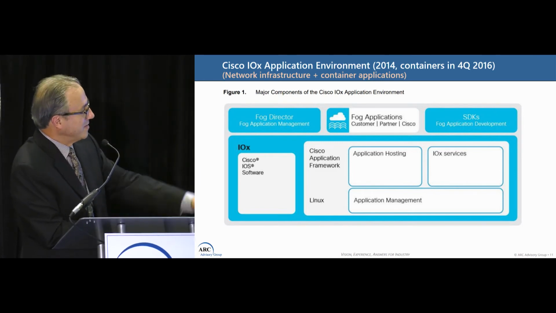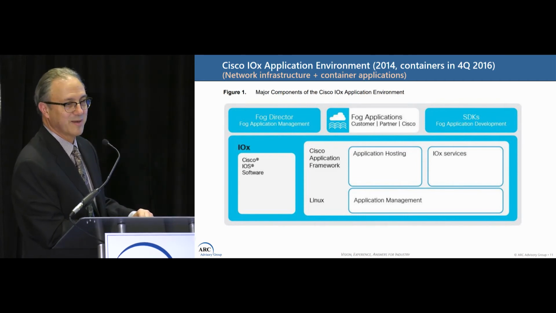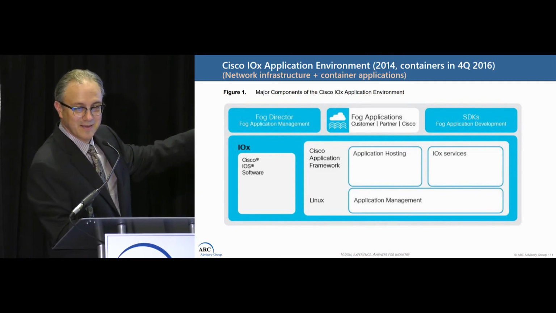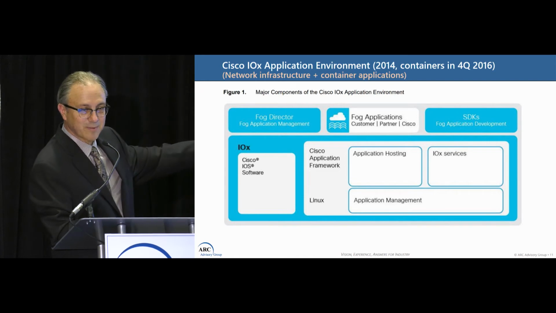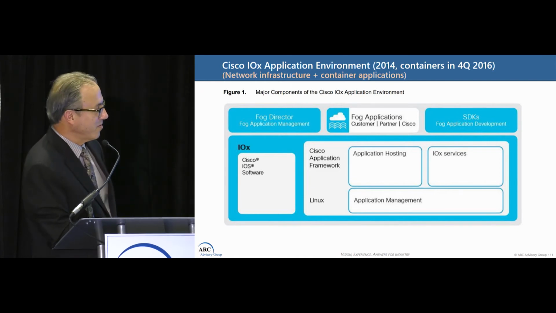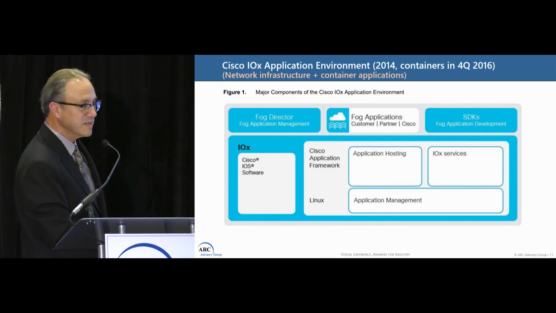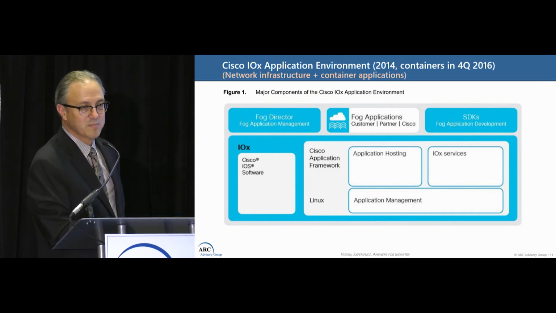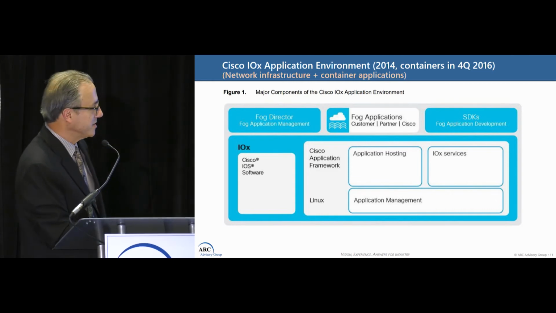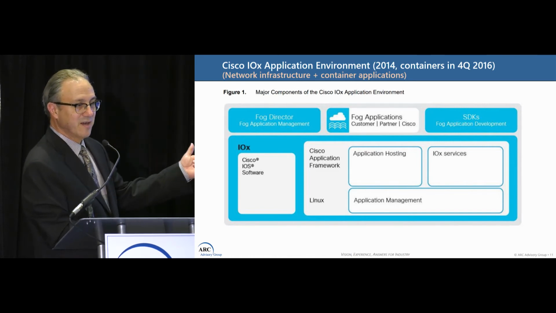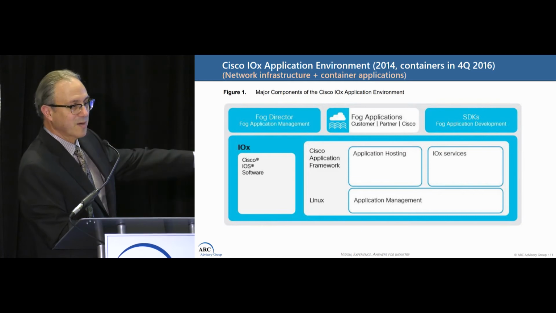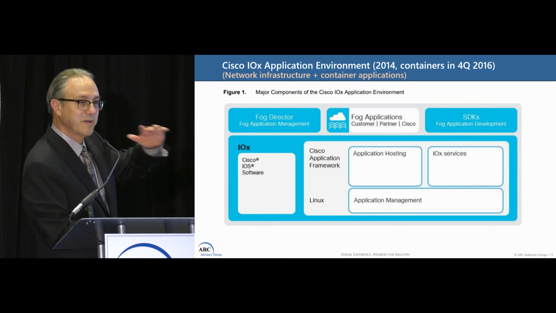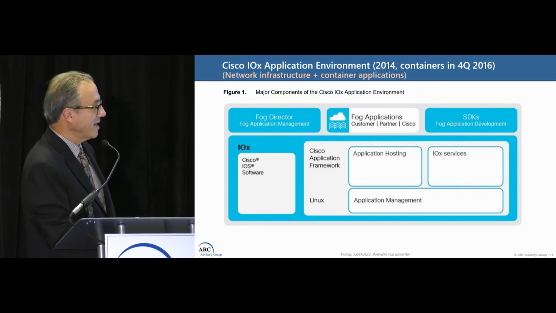This became, in 2014, we'll put Docker containers in our Linux box, and you can push applications out using Docker into our infrastructure. So this was envisioned for a number of smart grid, smart city kinds of applications. And really it was the addition of the Docker capability that helped it become much more practical from a customer standpoint.